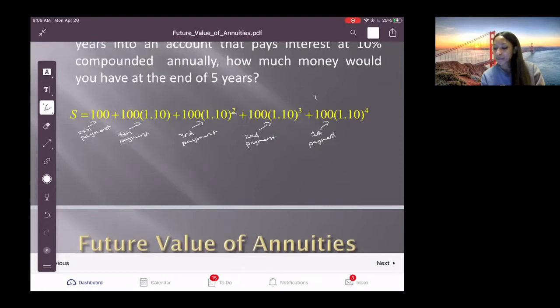So for the first payment, that's $100, the principal, times 1 plus 0.10 over 1 to the 1 times 4 power. It's 10% interest compounded annually. So this just simplifies to 100 times 1.10 to the 4th power.